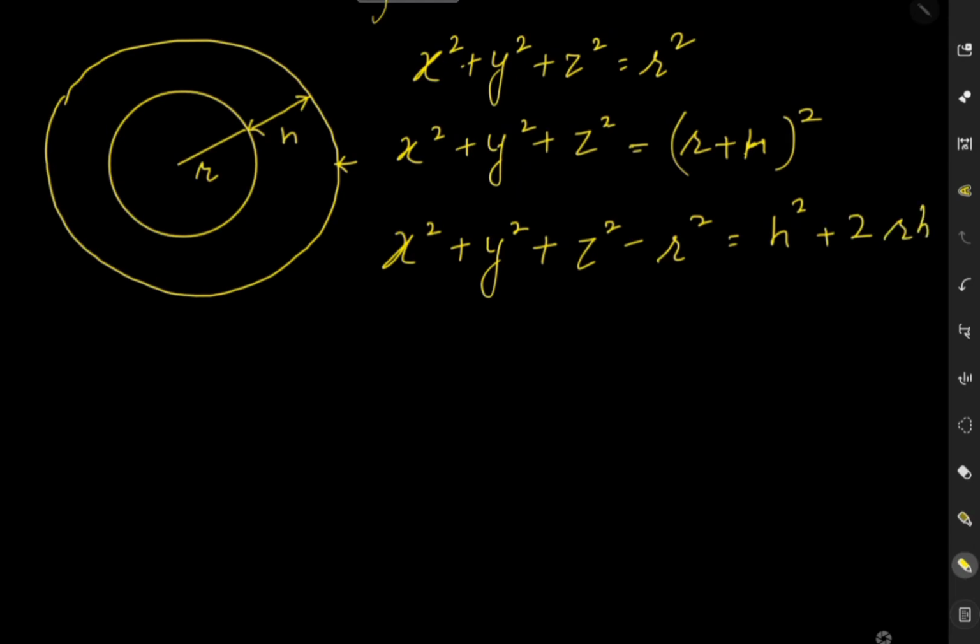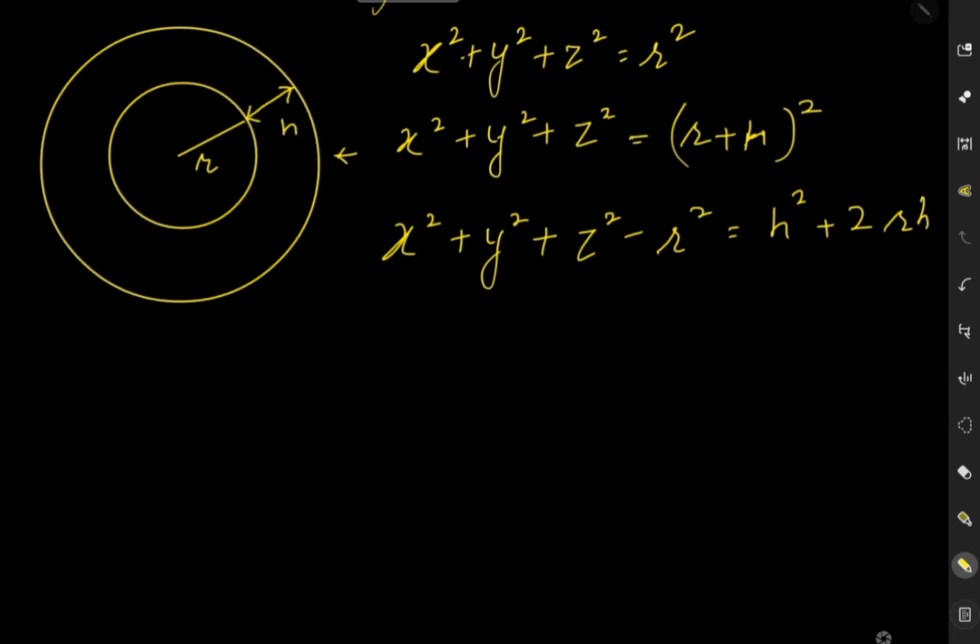Okay, so let's take at the surface of the Earth the gravitational potential is equal to 0.